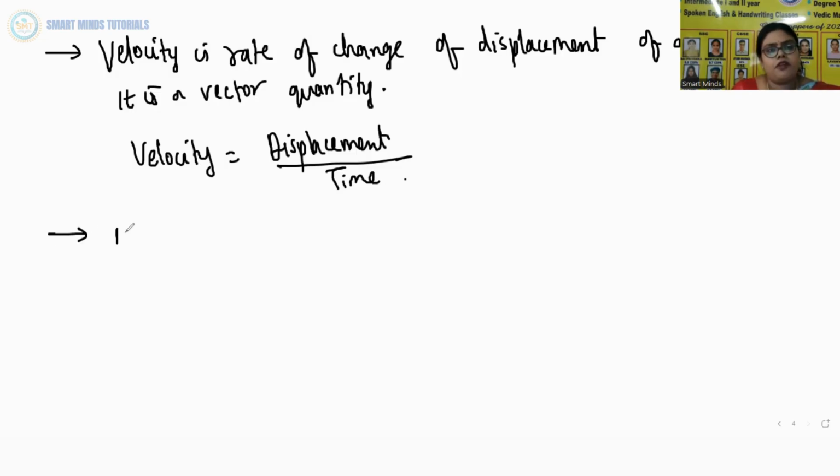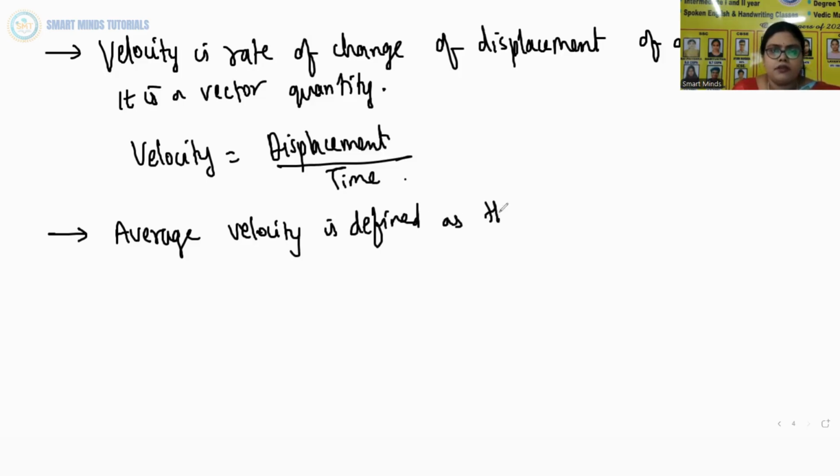Now again, after velocity, let's see what is average velocity. So same like average speed, average velocity is defined as the ratio of total displacement to total time.